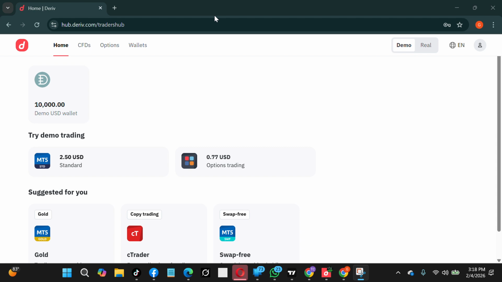A demo wallet normally gives you a high number of demo USD, the demo coins, for practicing. You can't use your real account to practice, because at the end you will lose your money and then start saying that Deriv is a scam.